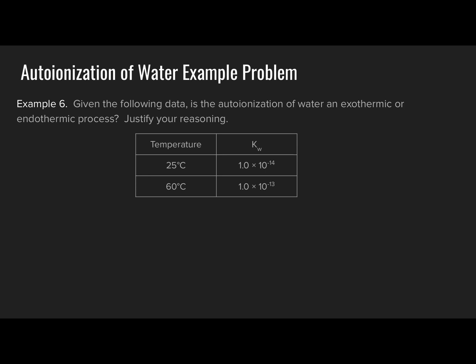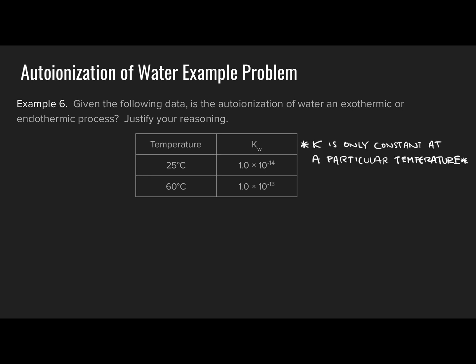So looking at the data we've been provided with here, at the temperature of 25 degrees Celsius, as we just discussed on the previous slide, the value of that autoionization constant is 1.0 times 10 to the negative 14th. But then recognize that the value of an equilibrium constant is only constant at a particular temperature.